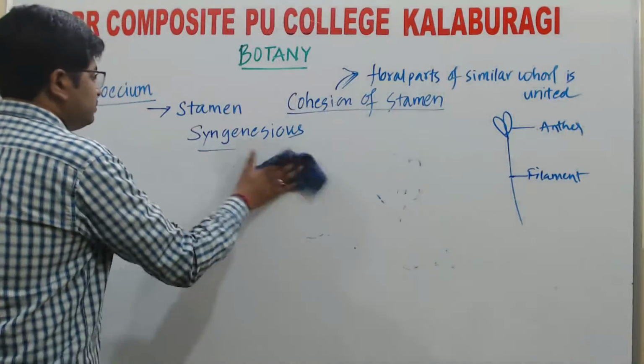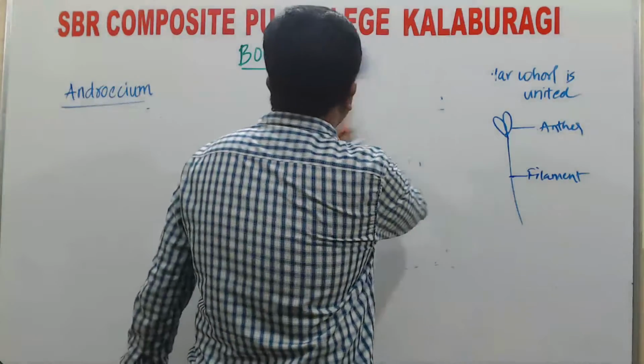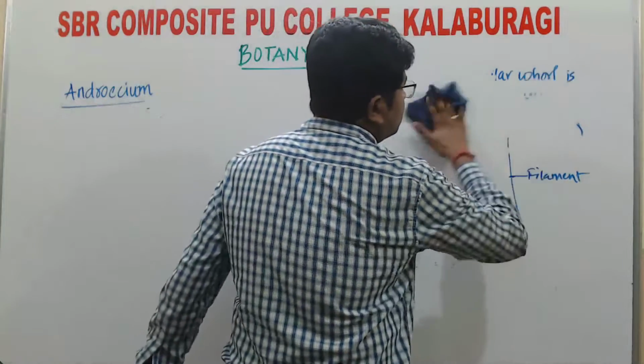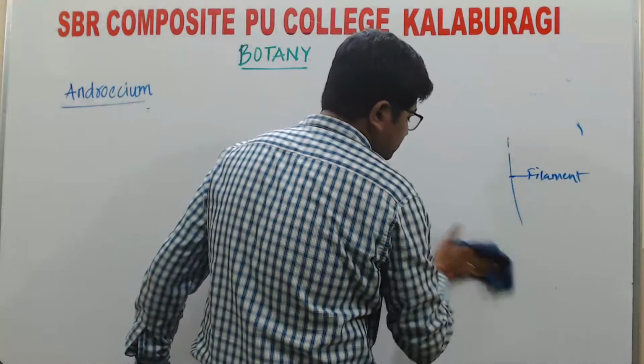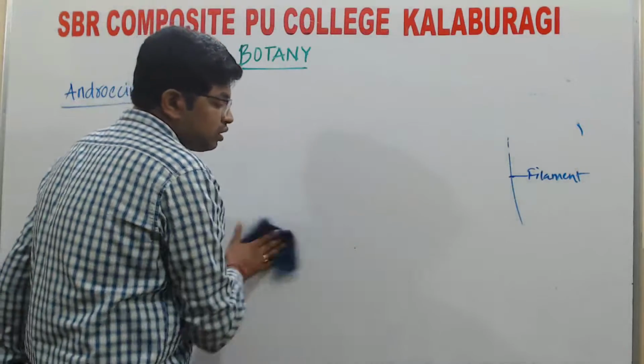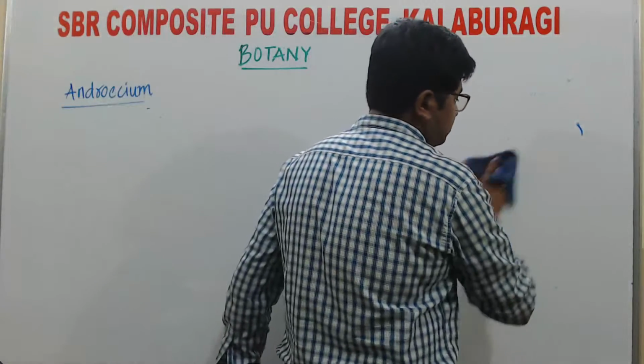Next, moving forward, now we have studied what cohesion is. Now, what is adhesion? The androecium may show fusion with other parts of the flower.